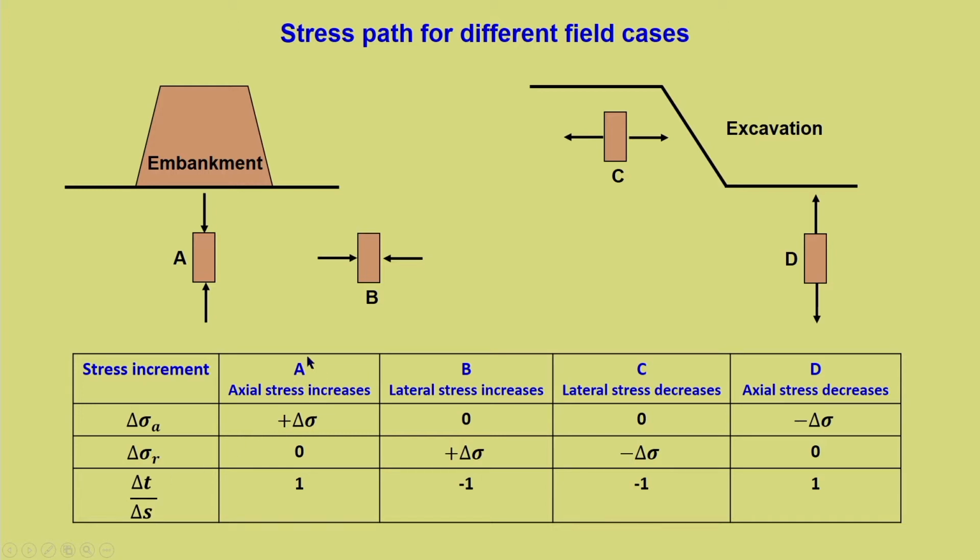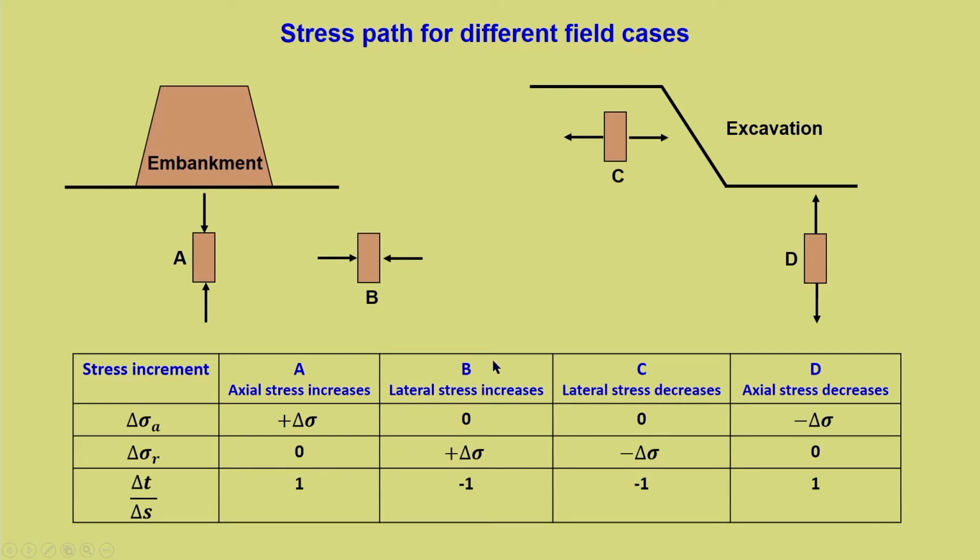So, for case A, axial stress increases and hence it is plus delta sigma for delta sigma A, and delta sigma R is 0. This is a case where the stress path delta t by delta s will have plus 1, that is around 45 degrees in the positive direction.